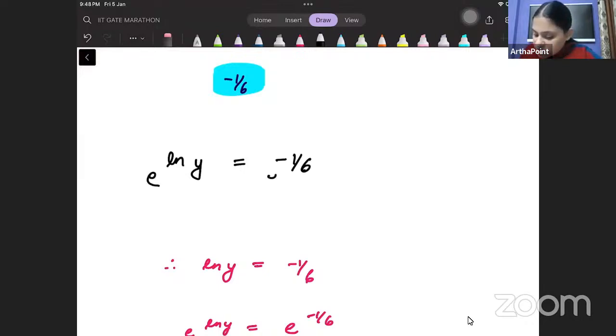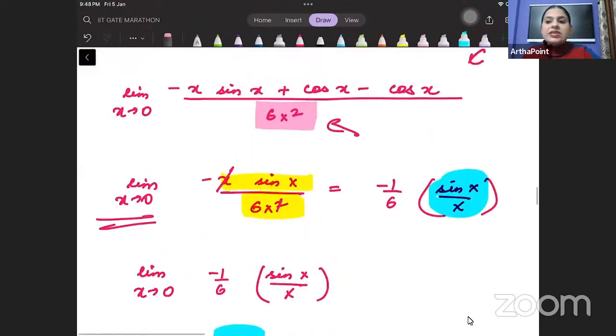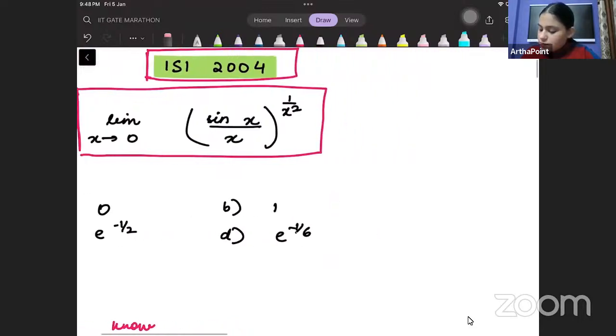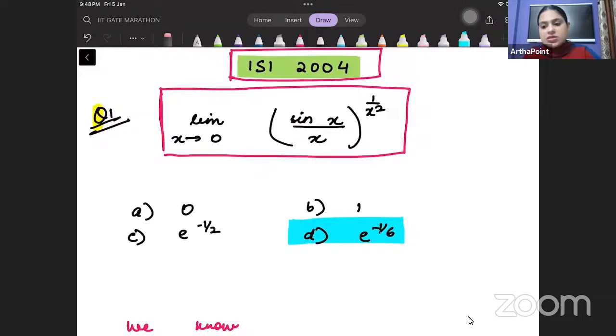Now I can just take e. So this will mean that y will be e to the power minus 1 by 6. And that will be the answer to this question. Answer will be D. E to the power minus 1 by 6.